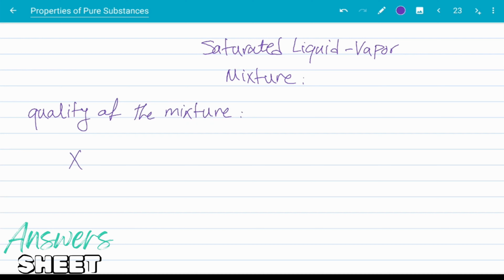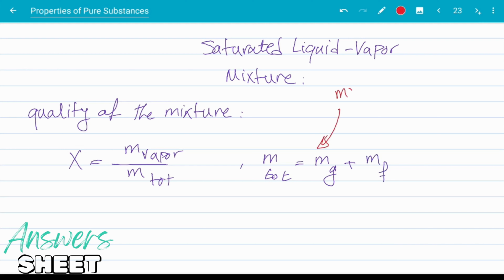We show it with x, and we define it as the mass of the vapor divided by the total mass. So the total mass is mass of vapor, we show it with m of g, plus the mass of fluid, we show it with m of f.